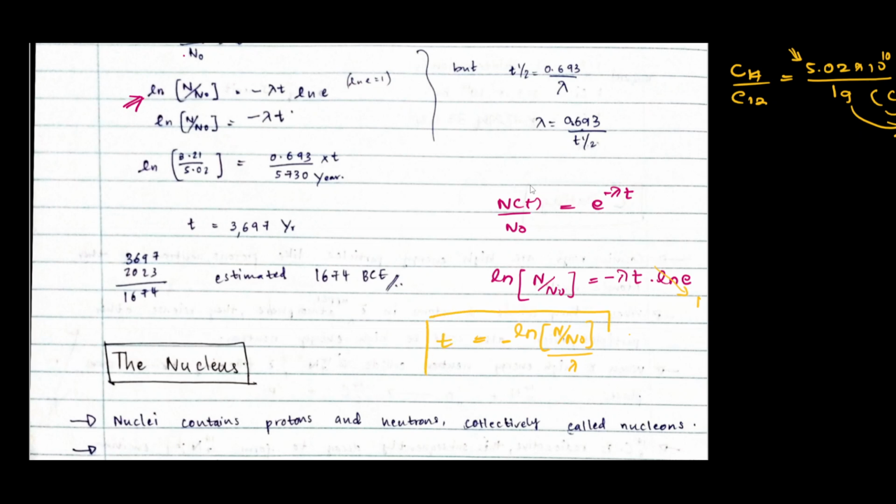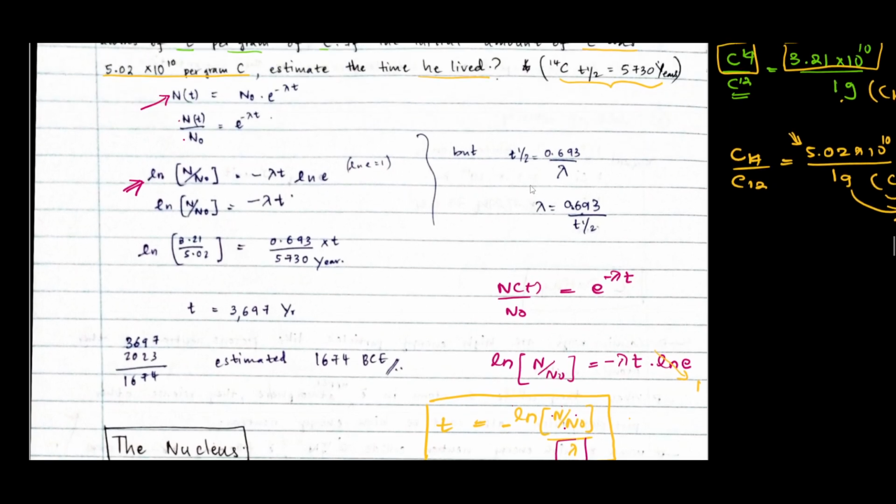So we have got an important equation. Here we can find ln N over N naught, because N and N naught are given. Next, what is this lambda? We already obtained an equation for lambda, right? Can you remember that the half-life is ln 2 over lambda. So lambda is ln 2 over the half-life.